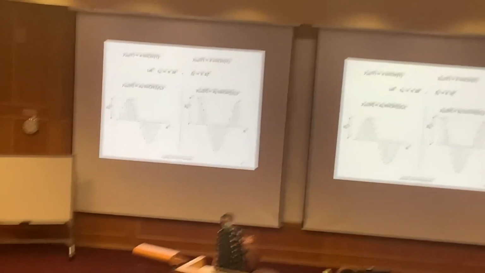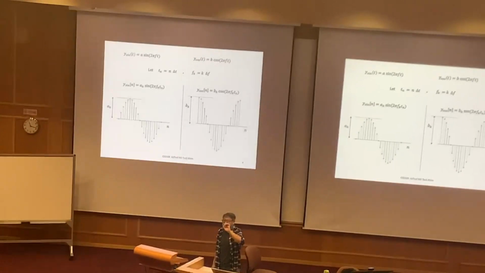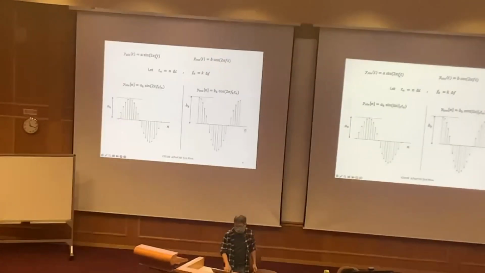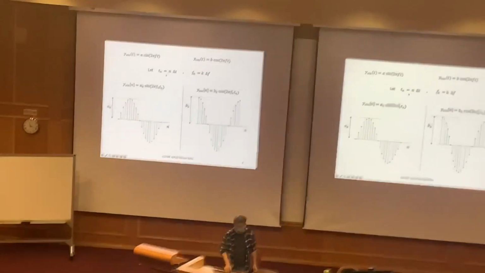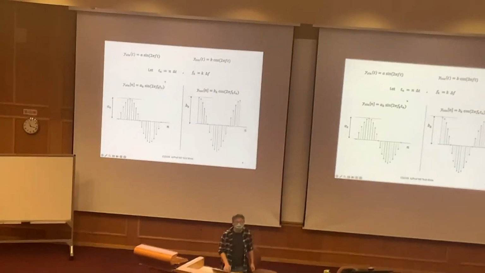Okay, and because we are using digital computer to do all our work, we have to discretize the time axis. Okay? Now, to discretize the time axis, you have to represent this t, which is continuous, by this t of n, which is discrete.